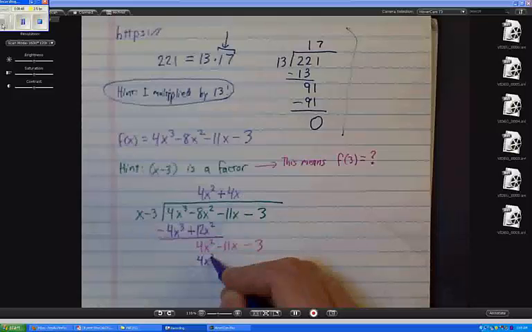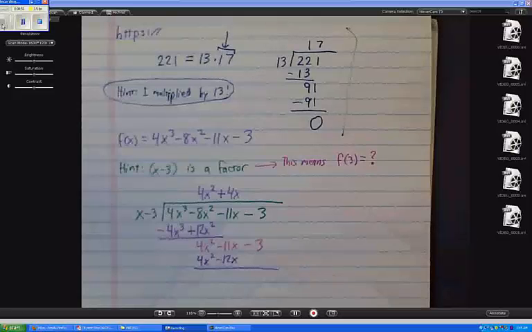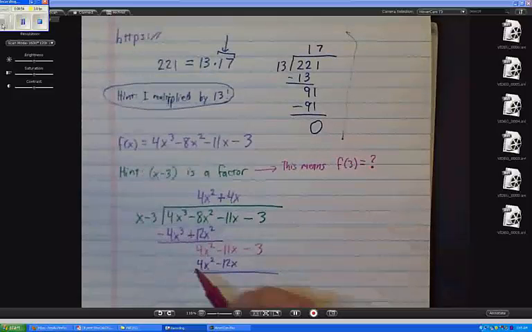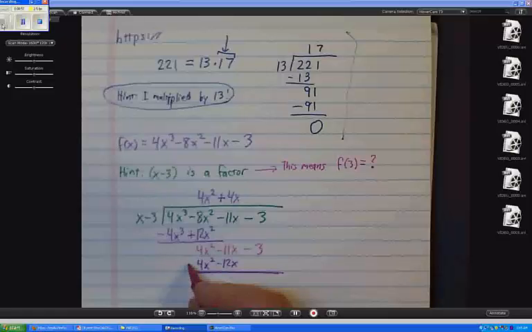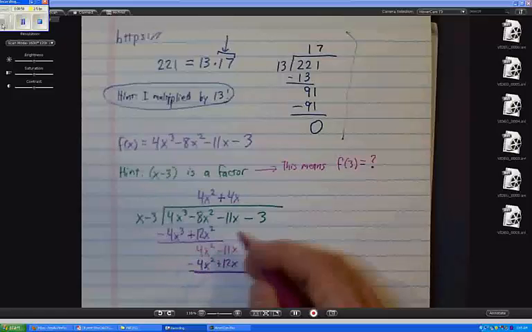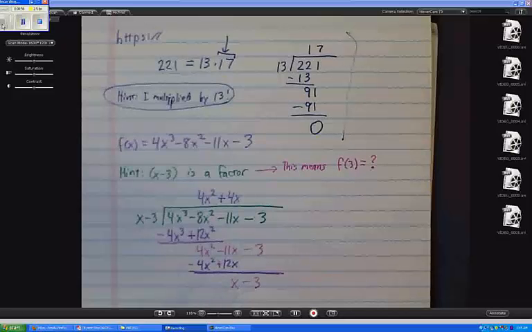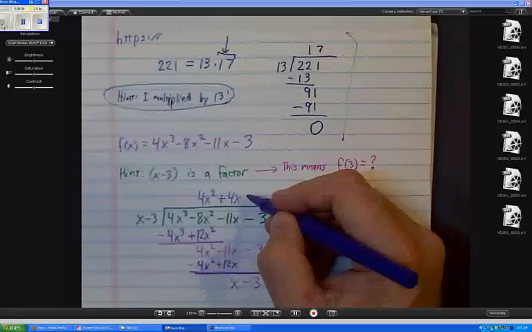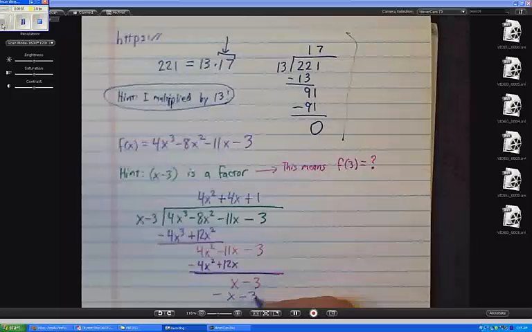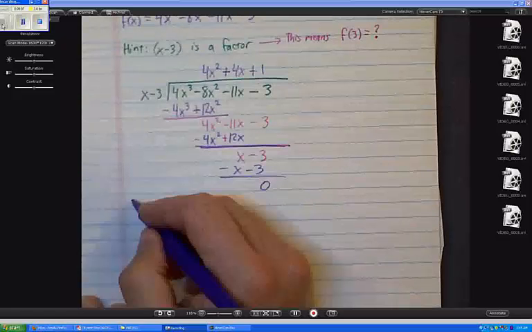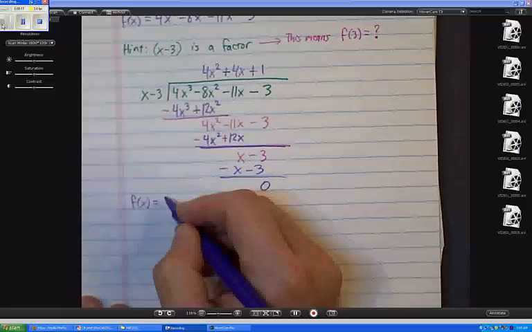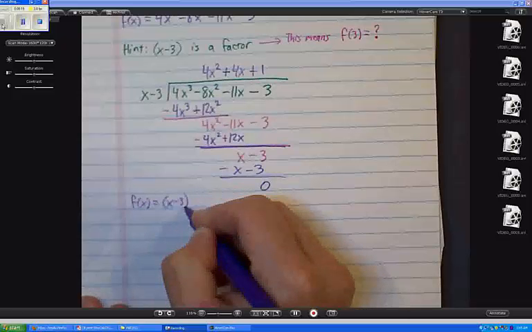I'm going to speed up a little bit here. When I draw that line, then I change my signs. And I bring down and I get an x minus 3. Oh, look at that. What happens? Plus 1. So I do get a remainder of 0. All right? And that's very nice because now I can write that f of x is actually equal to x minus 3 times what?